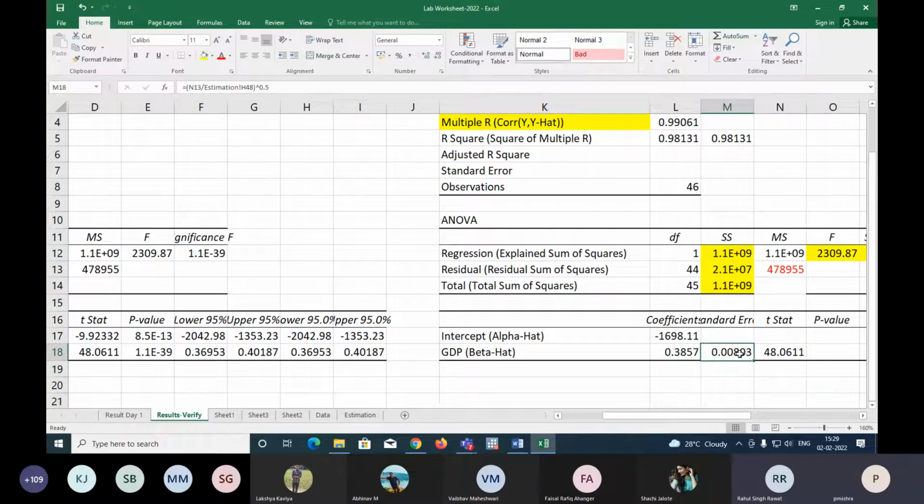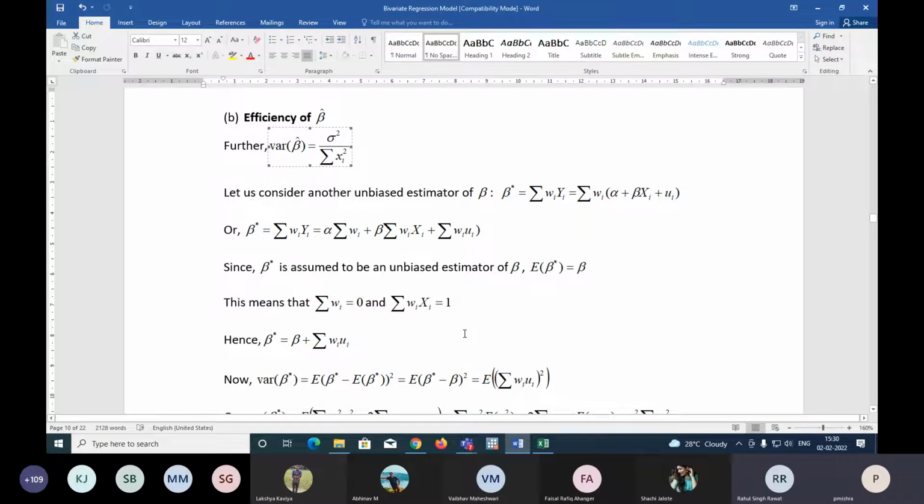So tell me, what is your doubt? So like, what was that estimation H48? What is that? Okay. If you see the formula for the standard error, actually, as I said, standard error is an estimation of standard deviation. Am I right?